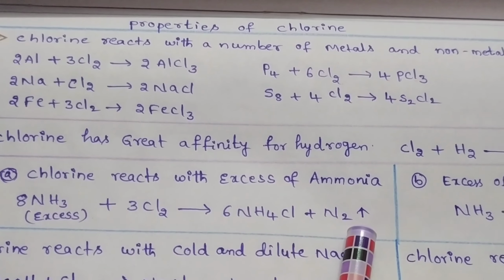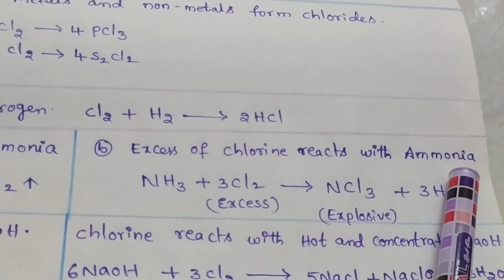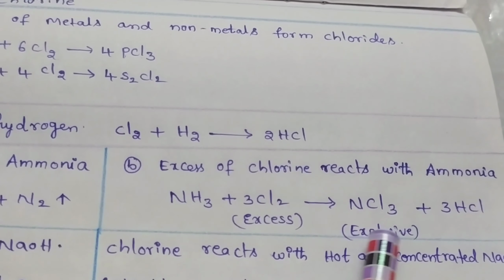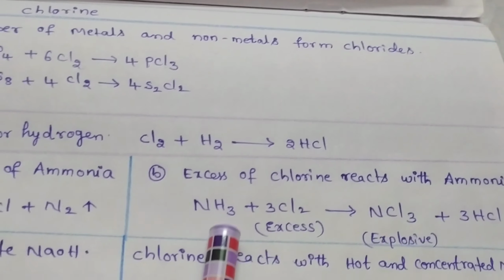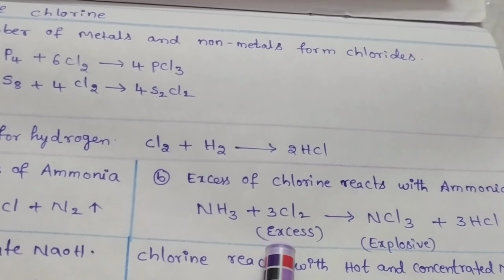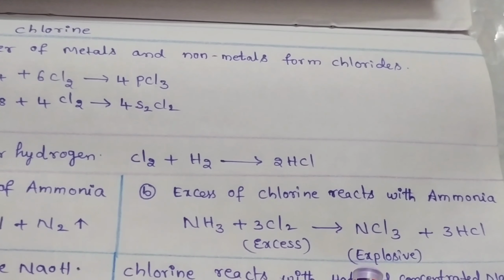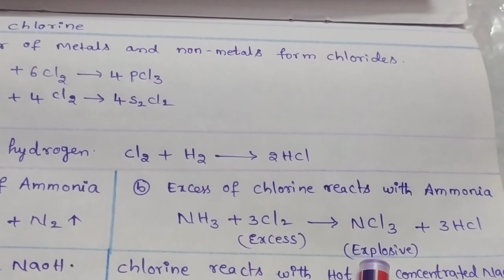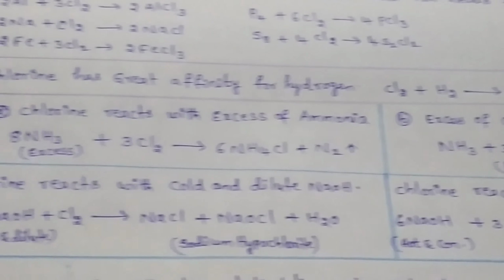When excess chlorine reacts with ammonia, it forms nitrogen trichloride and hydrogen chloride gas. That means ammonia reacts with 3 moles of chlorine and forms nitrogen trichloride, which is explosive in nature, and also forms hydrochloric acid.